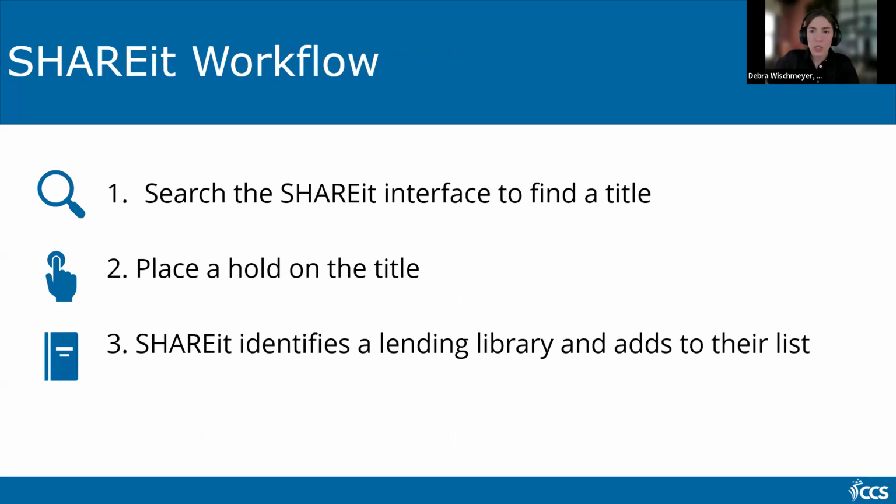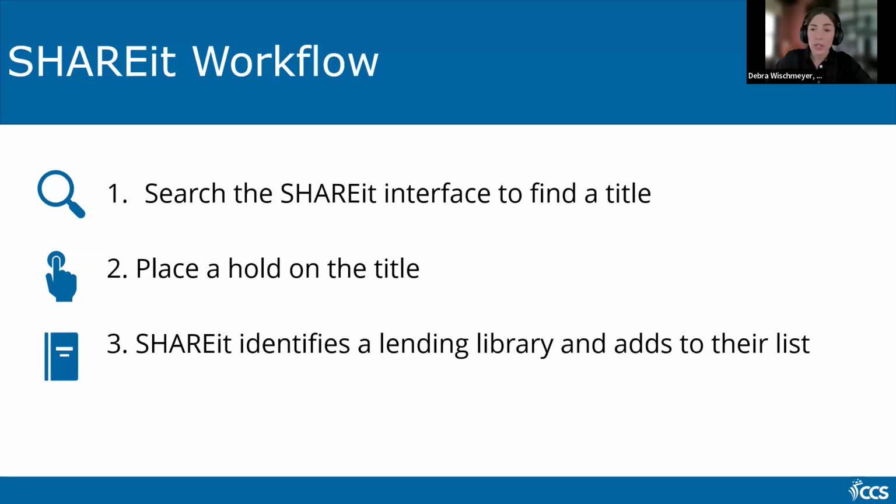So let's jump into that ShareIt, or Find More Illinois, workflow. Today's session is going to focus specifically on searching and placing requests, but it is really helpful to see that big picture of the whole process. The first step to initiating a request in ShareIt is to search for a title in the ShareIt interface.